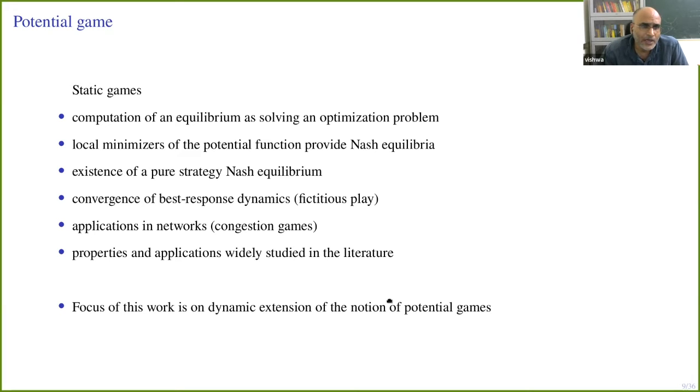People have also shown that best response dynamics converge in a potential game, and congestion games, which are studied in networks, are shown to be potential games. Properties and applications are widely studied even in the engineering literature, computer science, and so on. But the focus of this work is on dynamic potential games. So it's a dynamic extension.